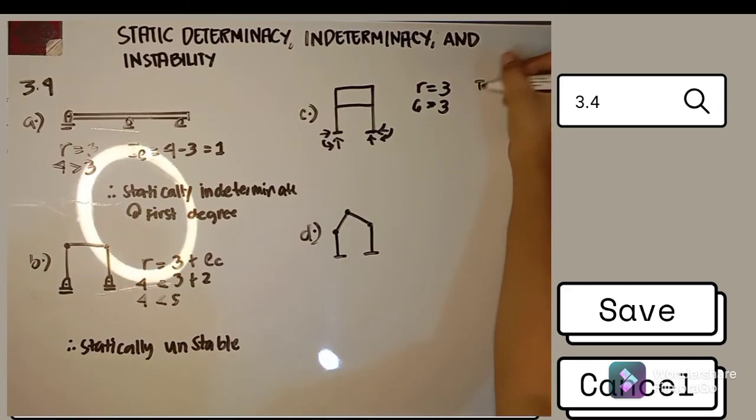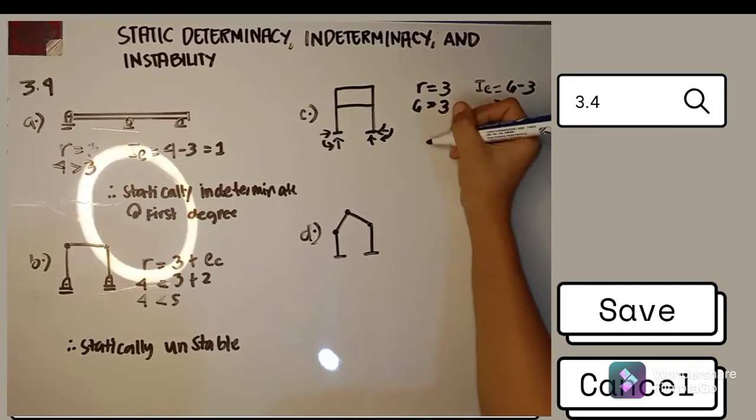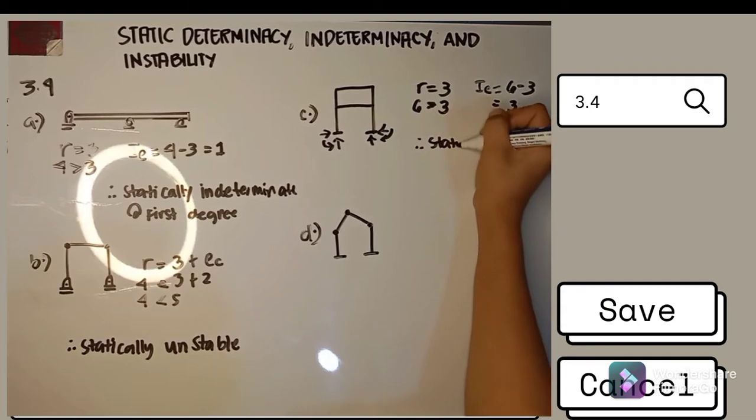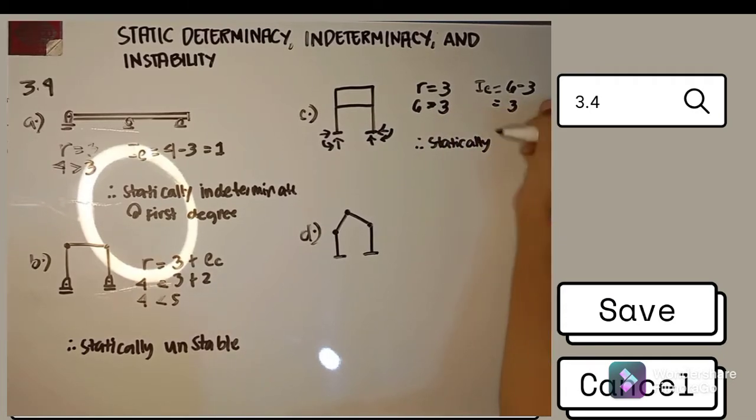So, hanapin naman natin yung degree of external indeterminacy, i.e., 6 minus 3 is equals to 3. Therefore, this frame is statically indeterminate externally at third degree.